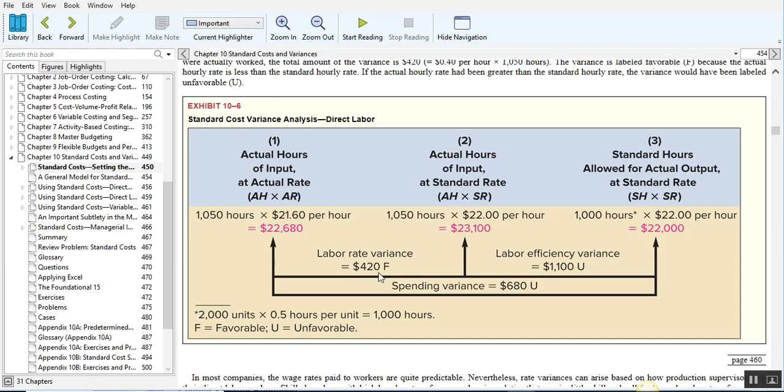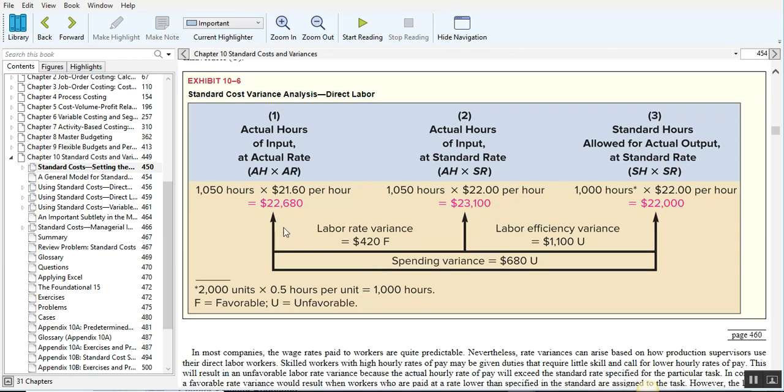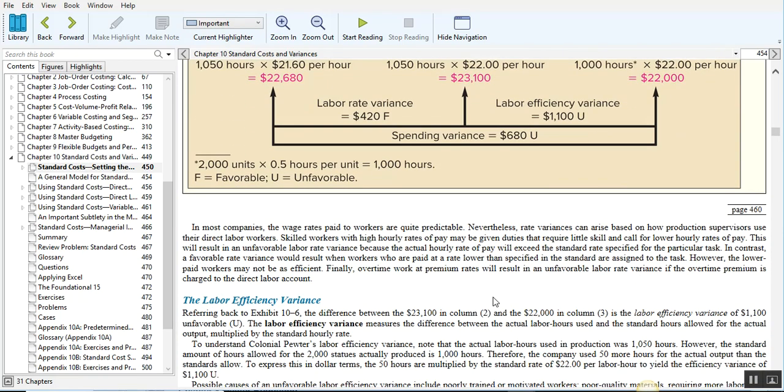And because the actual is less than the standard, we're going to have a $420 favorable labor rate variance. And again, if we look at the total actual cost, actual hours times actual rate, subtract out standard hours times standard rate, we wind up with a spending variance of $680, and that's unfavorable because it's more than what we said the standard should be.